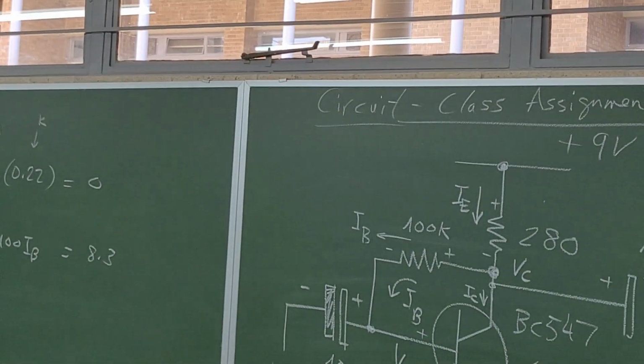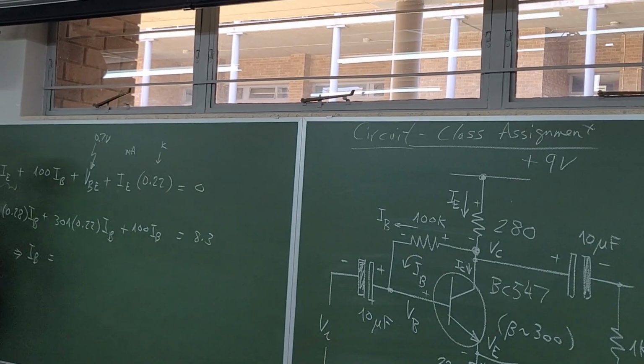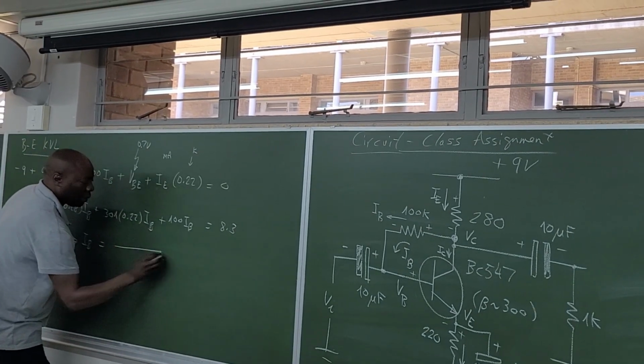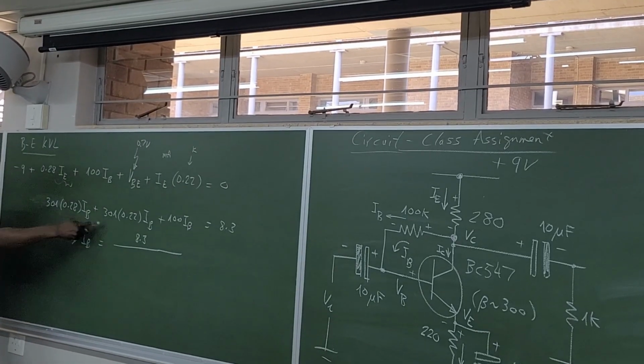So collecting terms, we see that IB is just going to be given by 8.3 over these two.